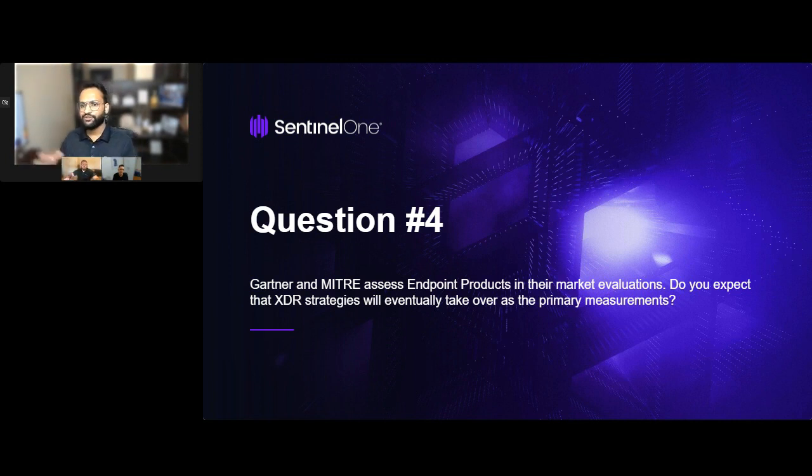So it will not just be about detection, but also how soon and at what stage of the attack you were able to detect it, and at what vector. I expect that MITRE will start evaluating that as they go through progression and evolution in their testing methodology and test benches.